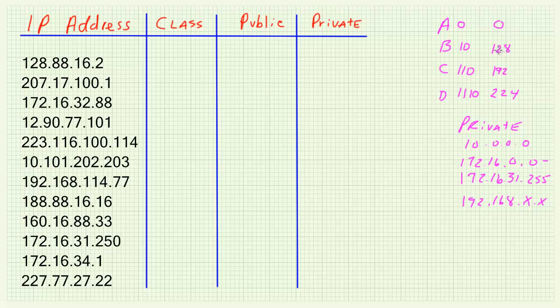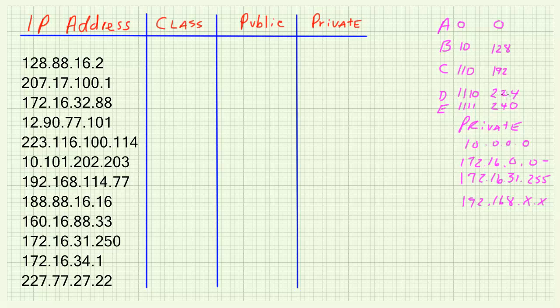So any IP address that has a value in the first octet of 128 or greater, but less than 192, it's going to be a Class B. And anything that has a value in the first octet of 192 or greater, but less than 224, it's going to be a Class C. Now I went ahead and added Class E to my chart here, not because we're going to be dealing with any Class E IP addresses, but it helps us work out the range.